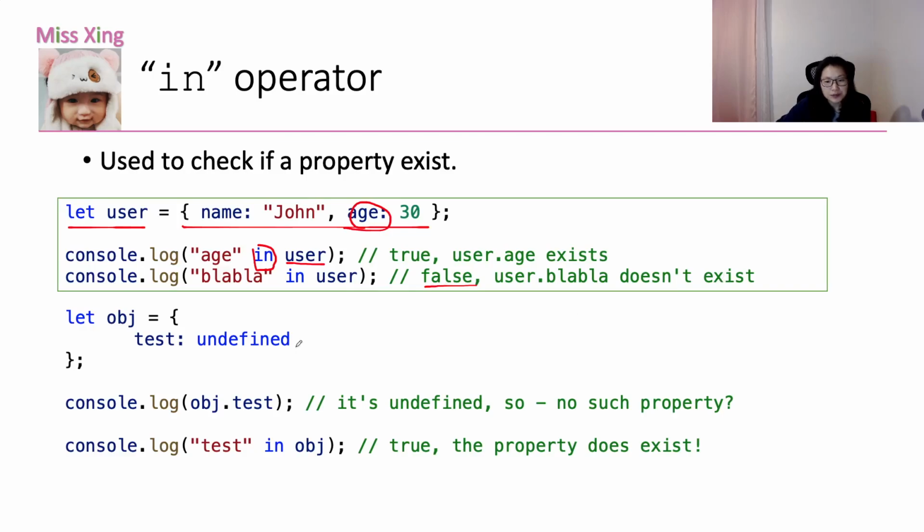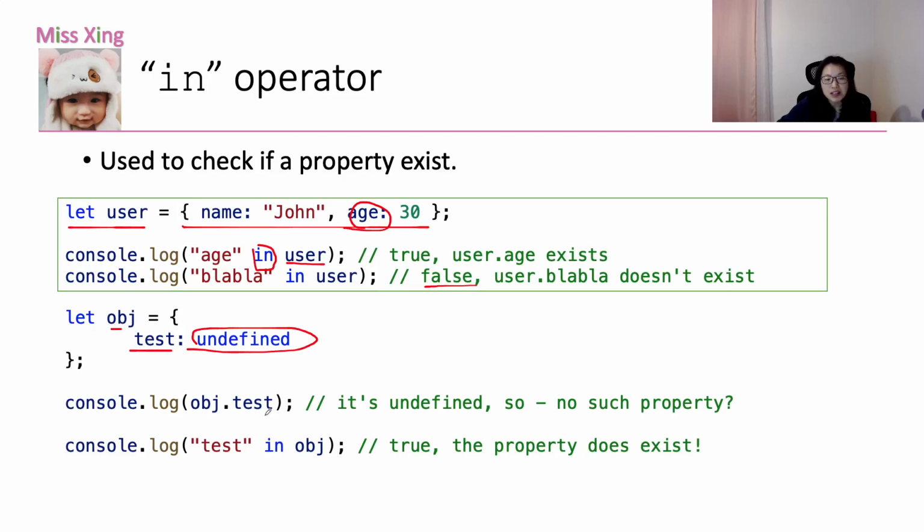And here, when we do it like this, an object, and we have a property called test. This one is special, okay? And we give the value undefined. And when we use object.test, you will get the value undefined.